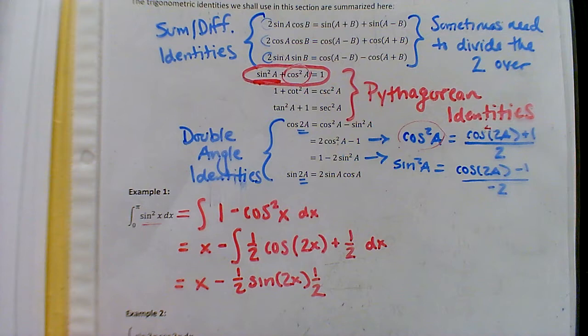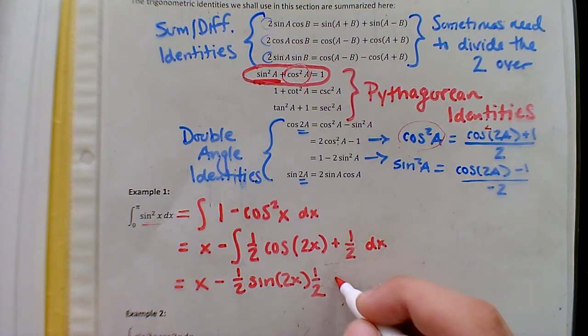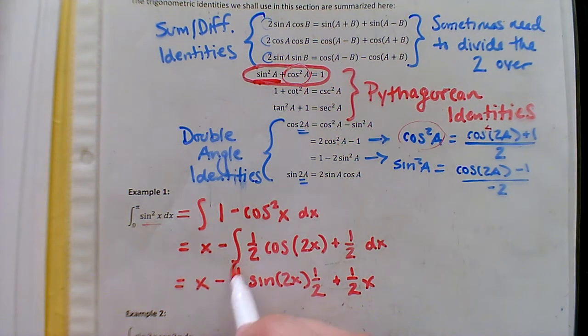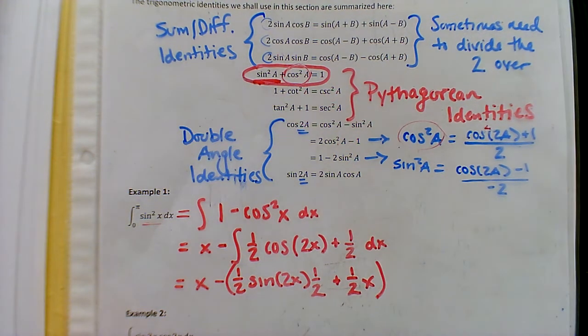It's kind of a chain rule going on there, or U substitution. And then if you work backwards from 1/2, that would be a 1/2 x. Okay, so that's if we work backwards from both individual terms.